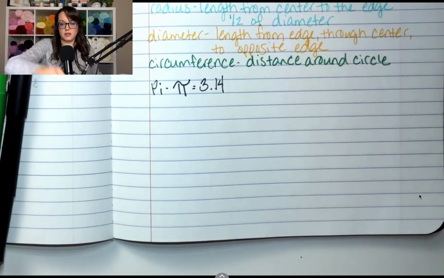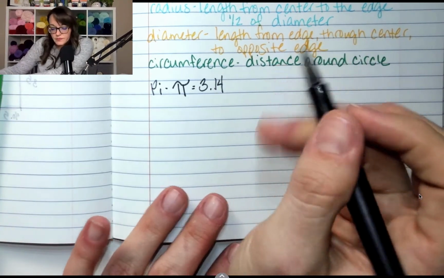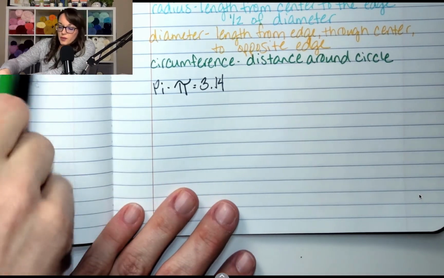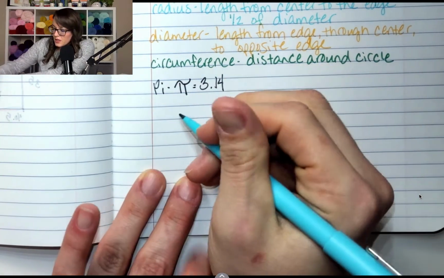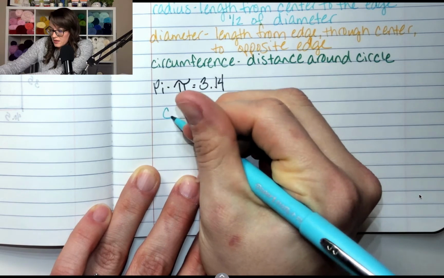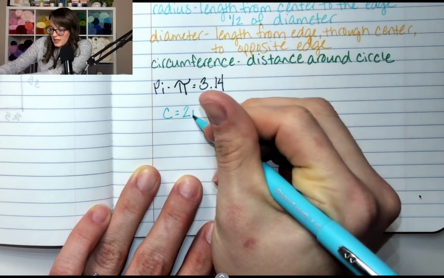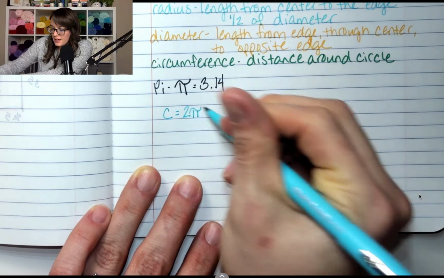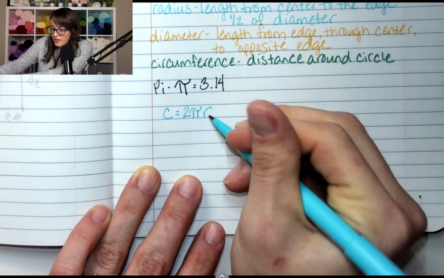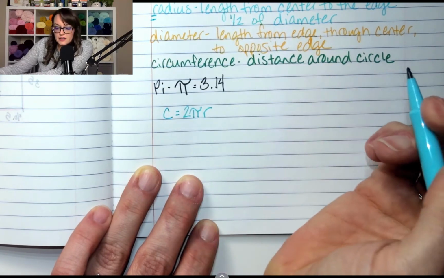All right. So if I have a circle, oh wait, hang on. The two formulas. This is important. So circumference, when you know the radius, is 2 times pi times r, and r represents radius.